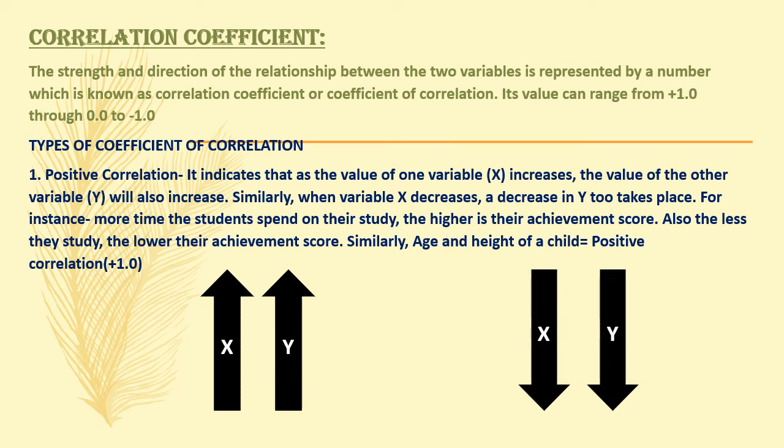For instance, the more time students spend on their study, the higher their achievement score. Also, the less they study, the lower their achievement score. Similarly, age and height of a child is a positive correlation, that is plus 1.0. So this means that both the variables move in the same direction.